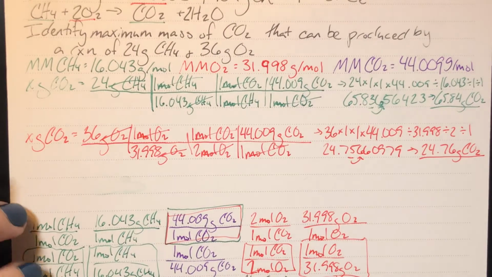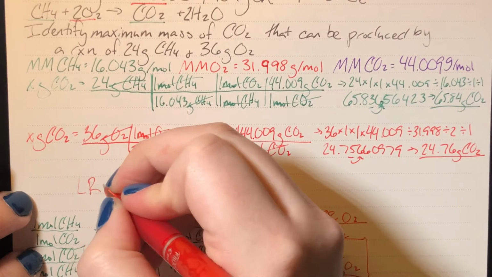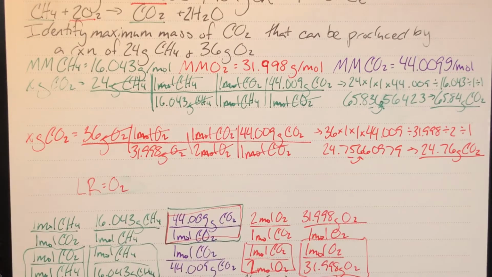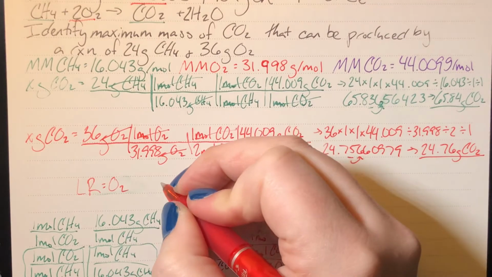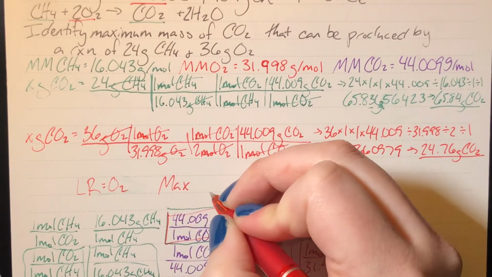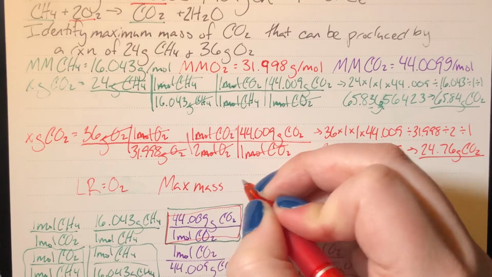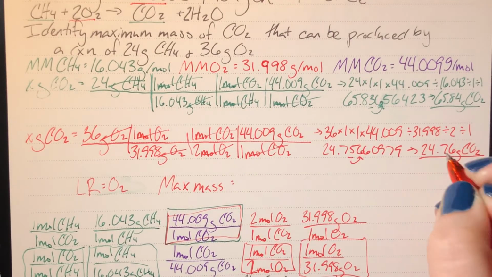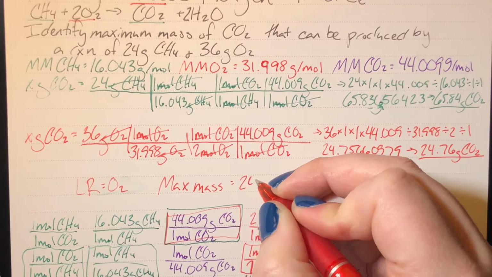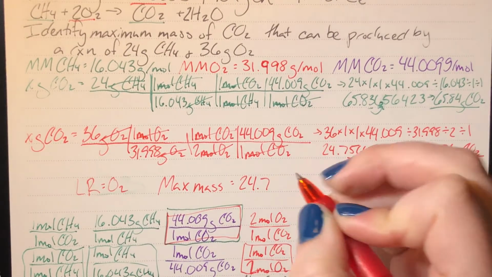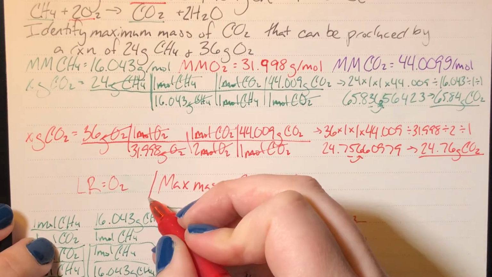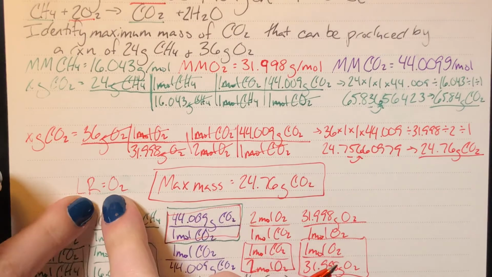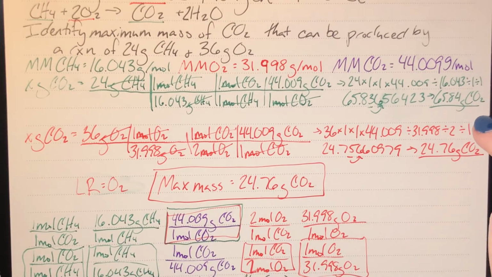My limiting reagent is going to be oxygen, because I can only produce 24.76 grams, and so my max mass is going to be that mass that could have been produced by the oxygen. So 24.76 grams of carbon dioxide is my maximum mass, because my limiting reagent was oxygen, which means that my excess reagent was that methane.